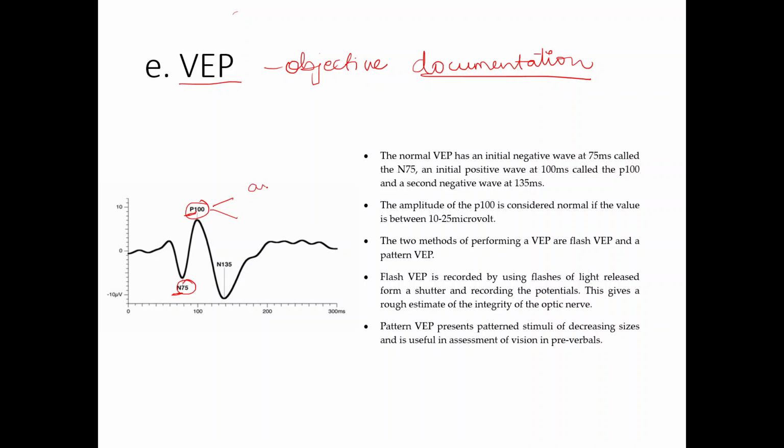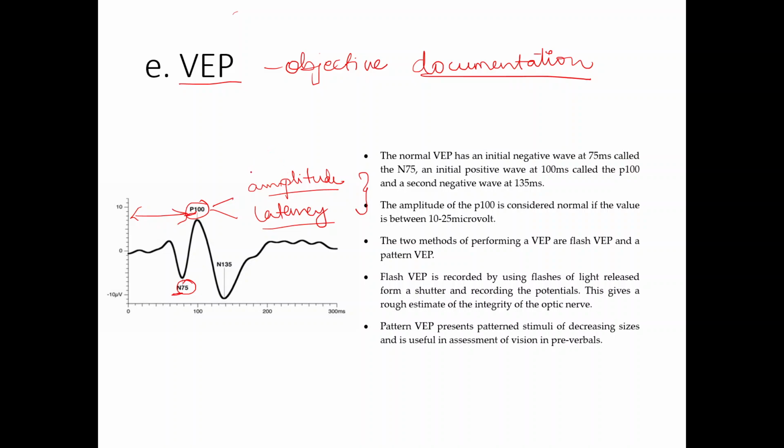There are two things that we look for: the amplitude or the height of P100 and the latency. The time at which the first positive wave appears in VEP is known as the latency. It should occur within 100 milliseconds. Up to 125 milliseconds we can call it equivocal. There are some diseases which affect amplitude, some which affect latency, and some which affect both.